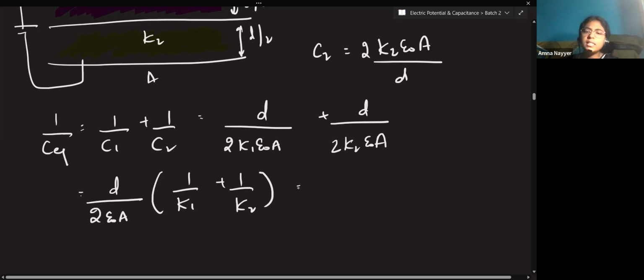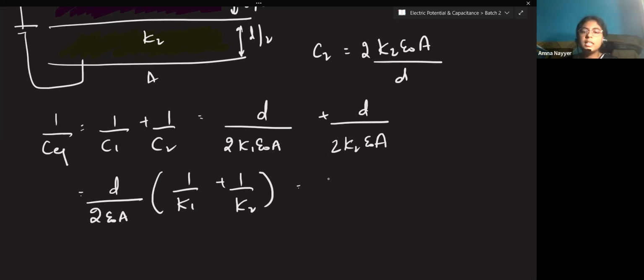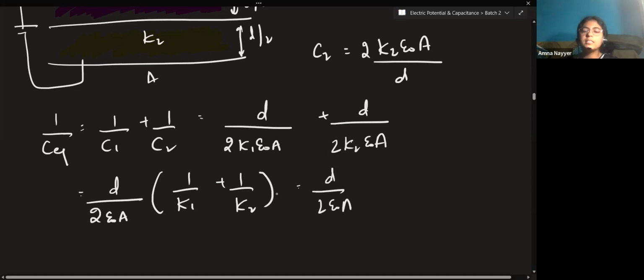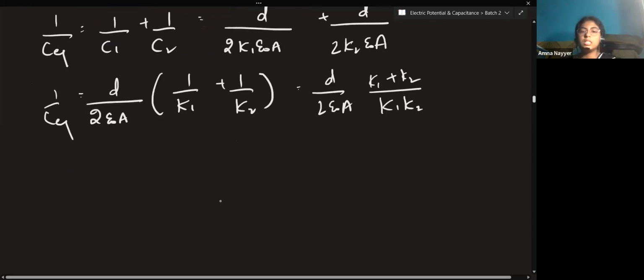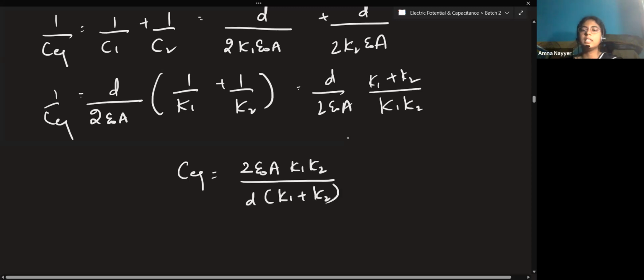So you can take the LCM of K1 and K2. This is left K1 K2, and in the numerator you have K1 plus K2. This is 1 by C equivalent. So C equivalent will be 2 epsilon naught A K1 K2 divided by D times K1 plus K2.